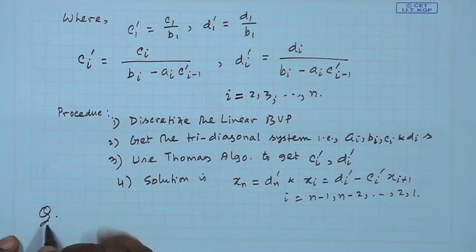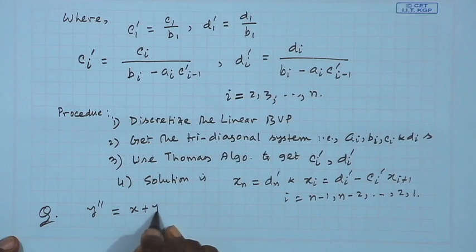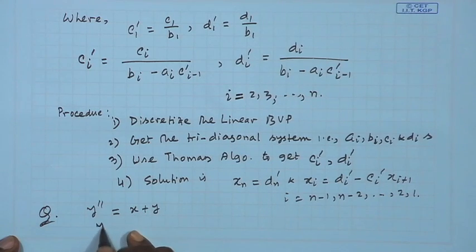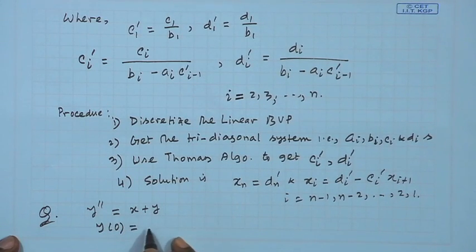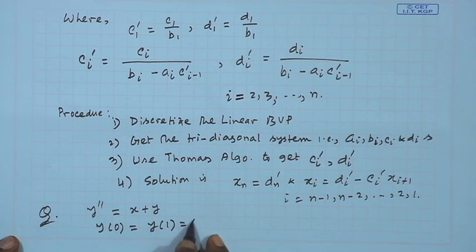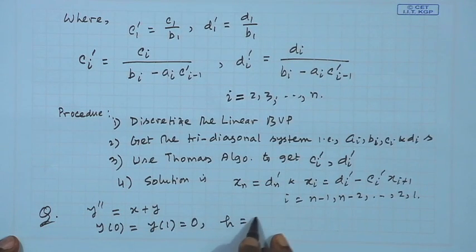So, one can solve this problem with y0 equal to y1 equal to 0. Let us take h equal to 0.25 and use the Thomas algorithm to obtain the solution.